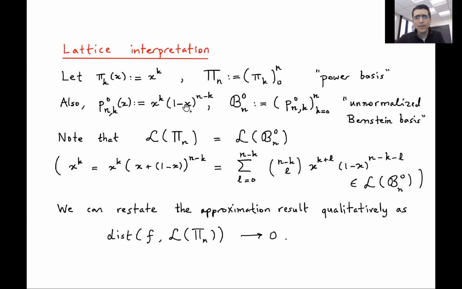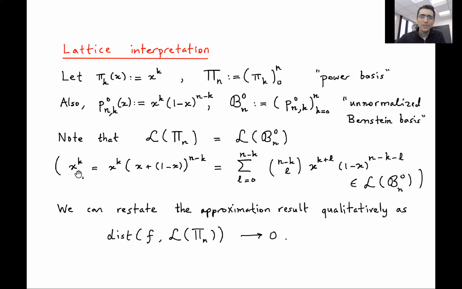Now these two lists are actually equivalent in the sense that they generate the same lattice. Their integer span is the same. One half of the statement is trivial because every p and k 0 is an integer combination of the power basis, by just simply expanding this. But we can also do it the other way around.